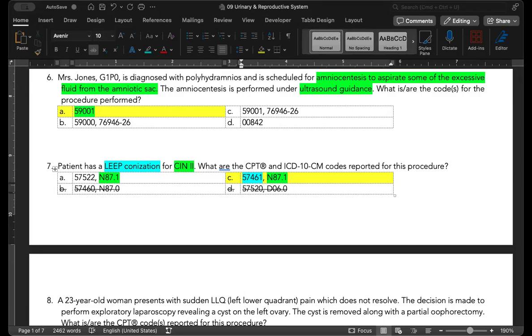It's nice to have a visual representation showing where that parent code, the main portion of the code, is at the top, whether it be a bracket, a little circle, or a box. I always tell my students to do that.